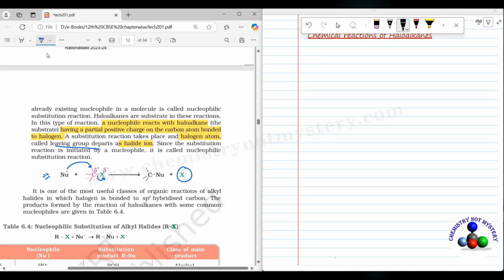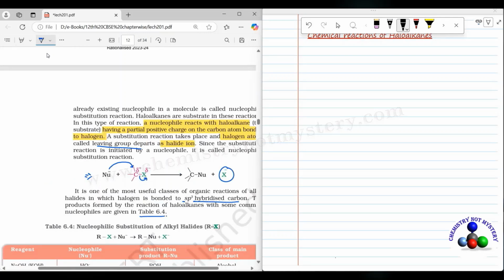It is one of the most useful classes of organic reactions of alkyl halide in which halogen is bonded to sp3 hybridized carbon. The products formed by the reaction of haloalkanes with some common nucleophiles are given in table 6.4. So let's examine table 6.4.